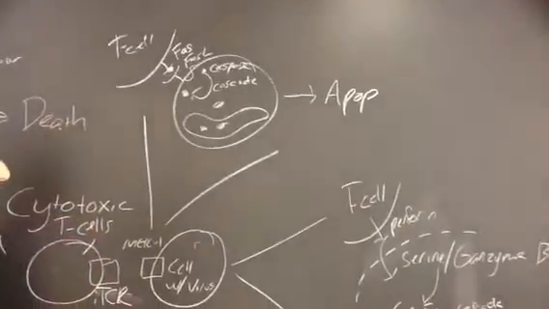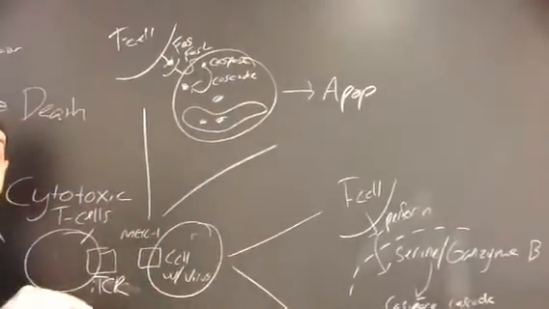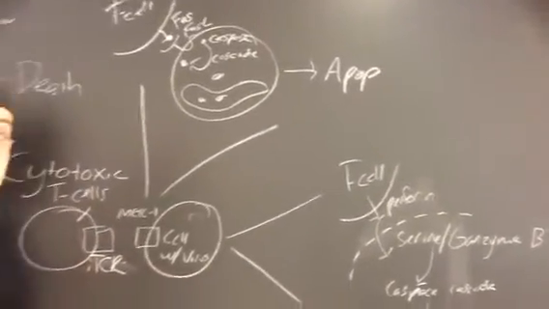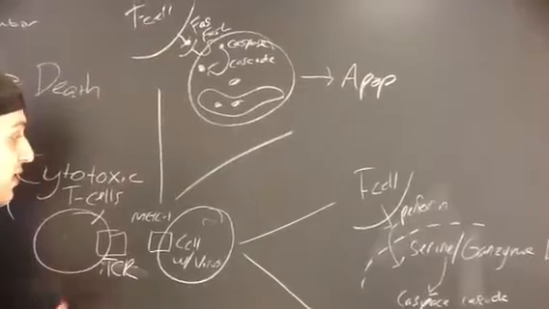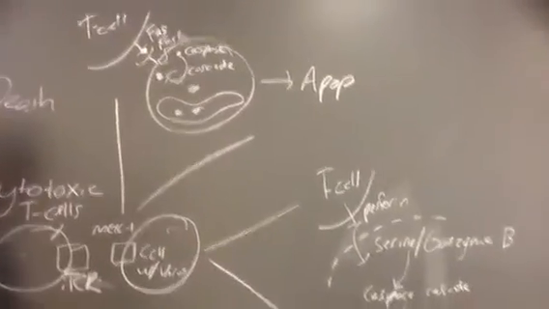This caspase cascade is a bunch of proteases that essentially cleave each other and cause this large cascade, and then those proteases go into the cell and start destroying actual things that the cell needs to survive. And by doing that, it eventually causes apoptosis in the cell.